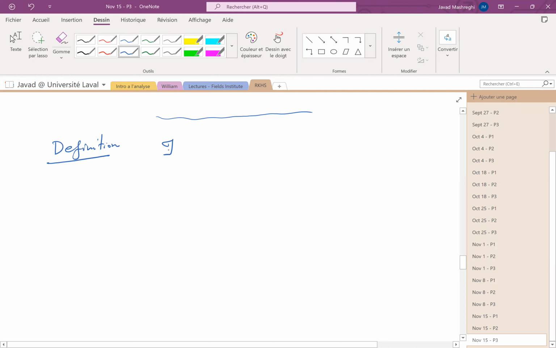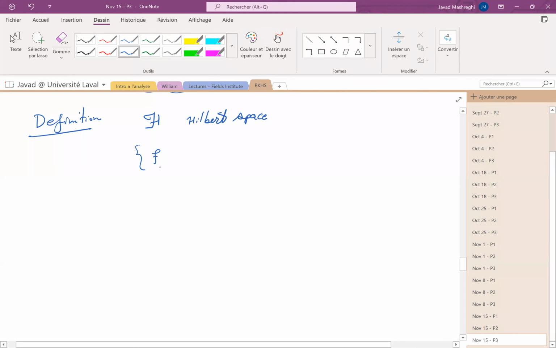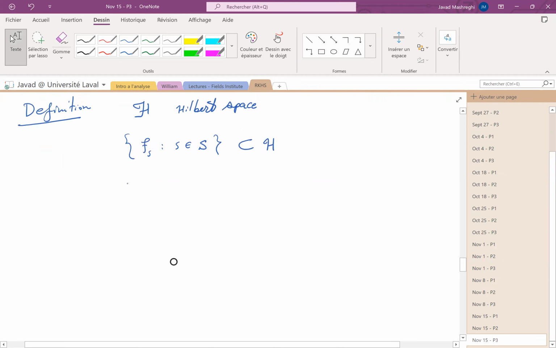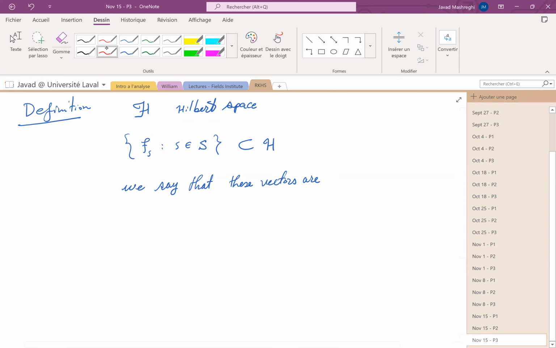So H is a Hilbert space, and (fs) with s in S is a set of elements in H. We say that this set is L2 independent.